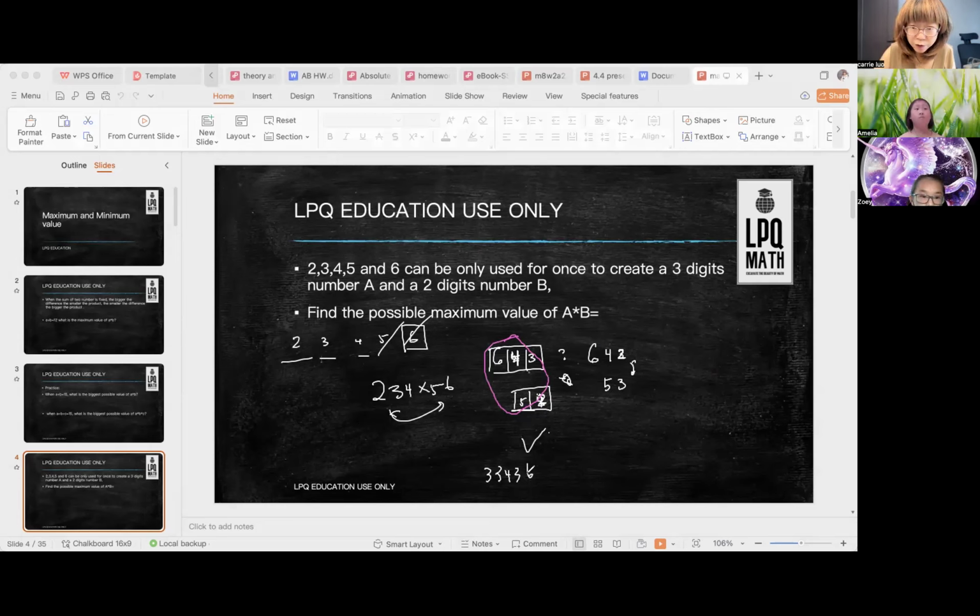And 642 times 53 equals 34,026. So of course this one is bigger. Why is this one bigger? Because the difference between 642 and 53 is smaller than the difference between 643 and 52. Understand? 这两个的中间的小一点，对不对？Okay, so that's why we're going to have this one.